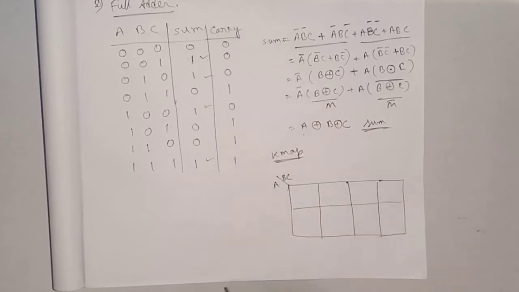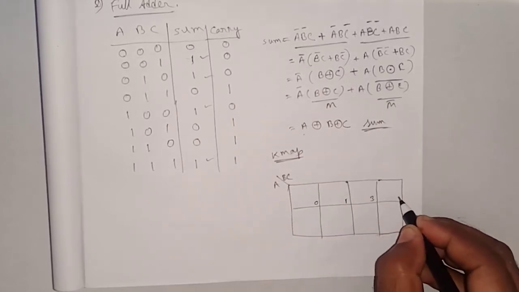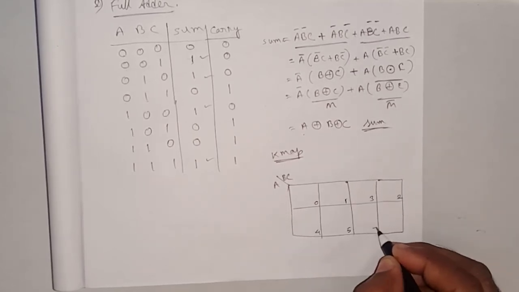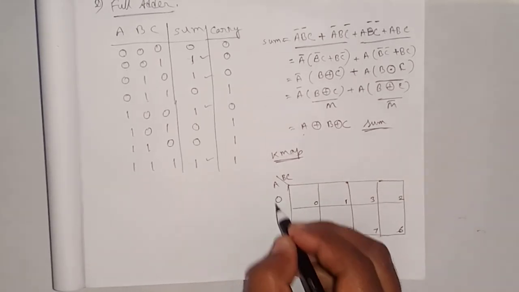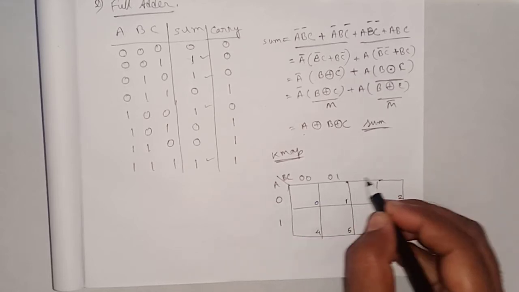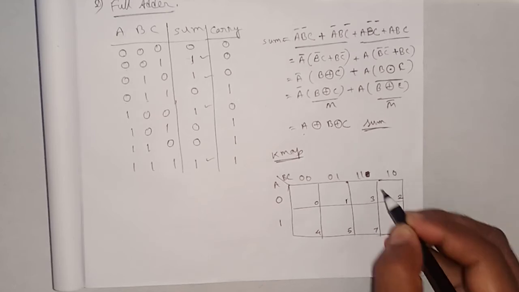A B C, so you write 0 1 3 2 4 5 7 6, then 0 1 0 0 0 1 1 0 1 1 1 0.